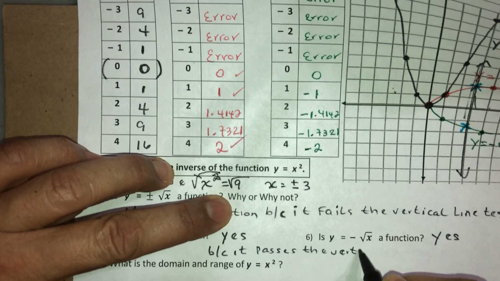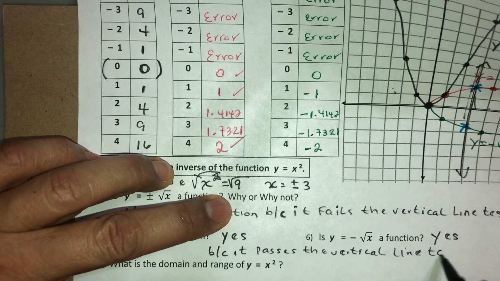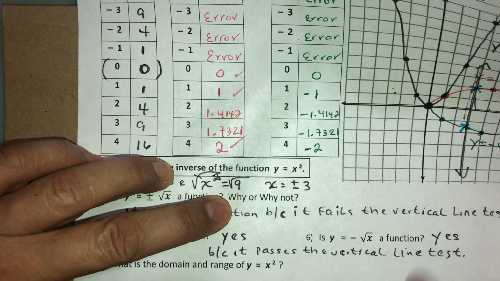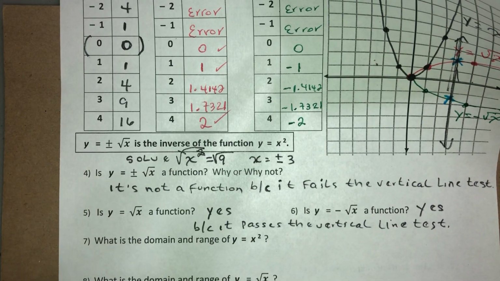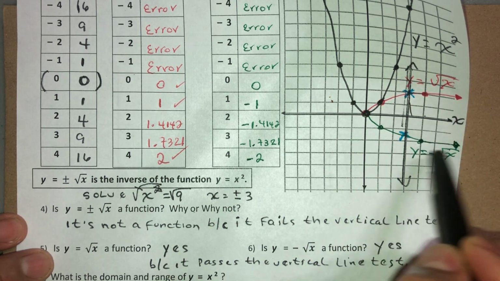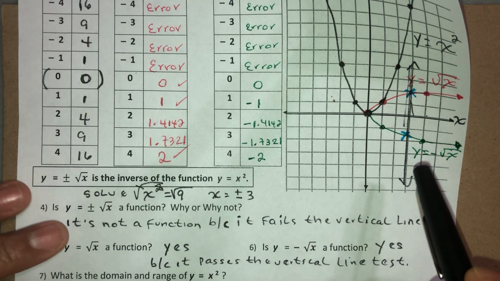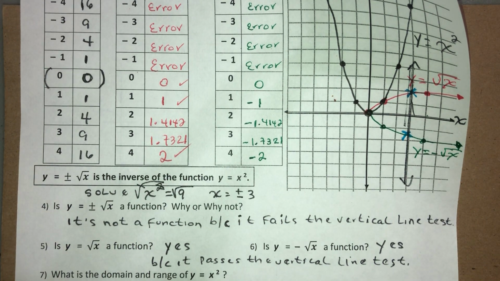Or you can say, yes, it is because the vertical line touches the graph only one time, or touches the graph only once. Okay? So just to be clear, together, it is not a function. Separate, each one is a function. Okay? So now let's go to something else.